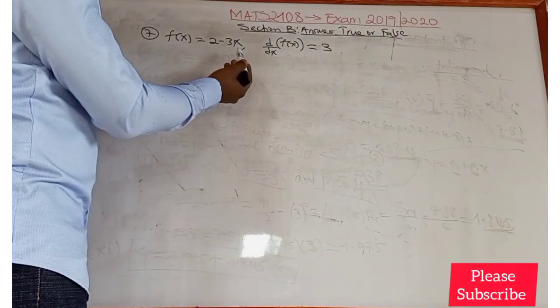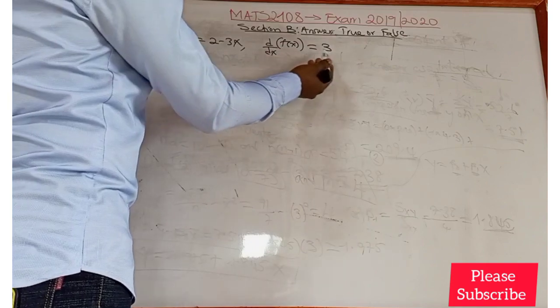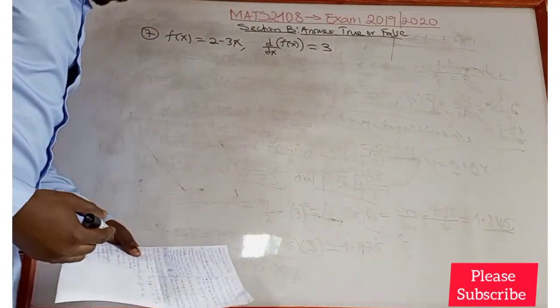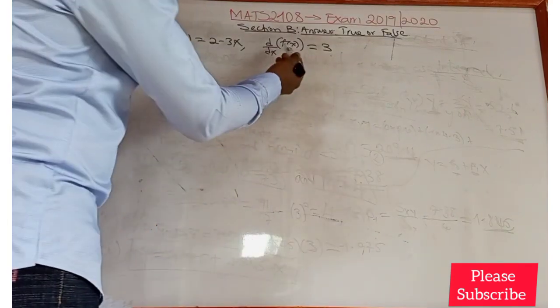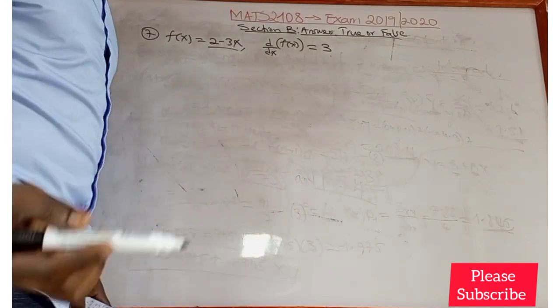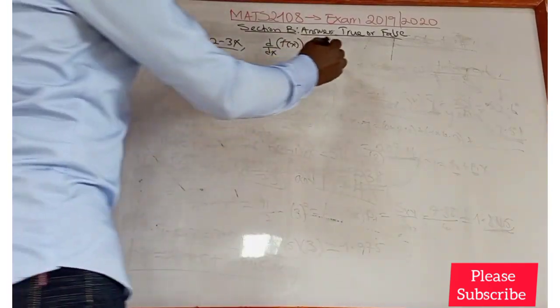If f of x is equal to this, then the derivative of f of x is equal to 3. Why? Because the slope of this function at every point is 3. That is not true. The answer here is false.